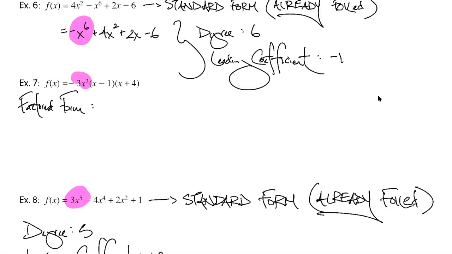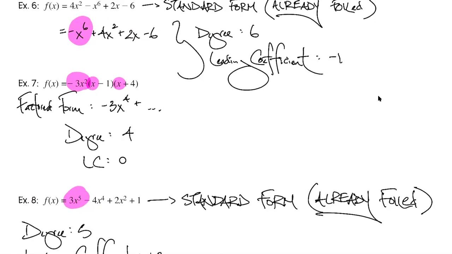The negative 3x squared, this x and that x. Good. If you FOIL that out, you would get negative 3x to the 4th plus a bunch of stuff that doesn't really matter for the degree and the leading coefficient. That means that our degree is 4 and our leading coefficient is negative 3.